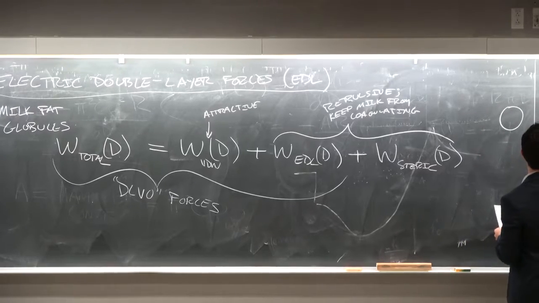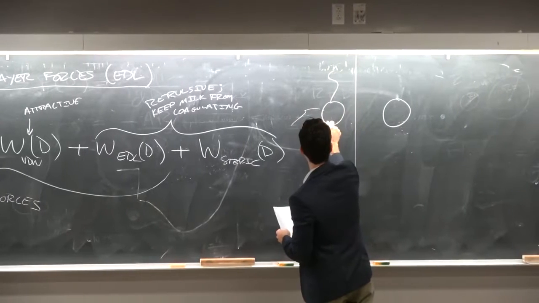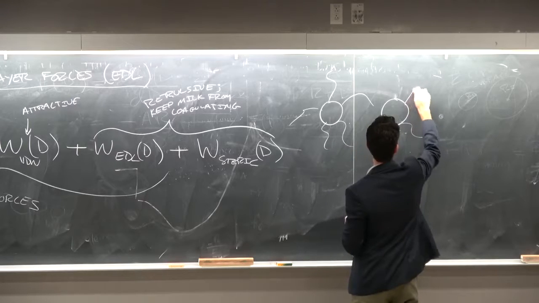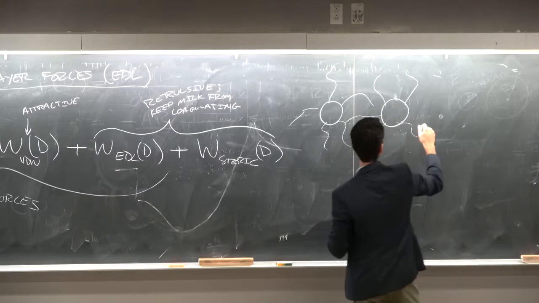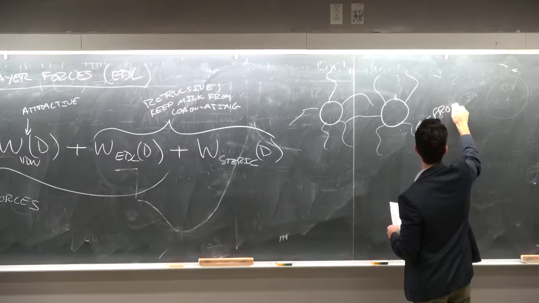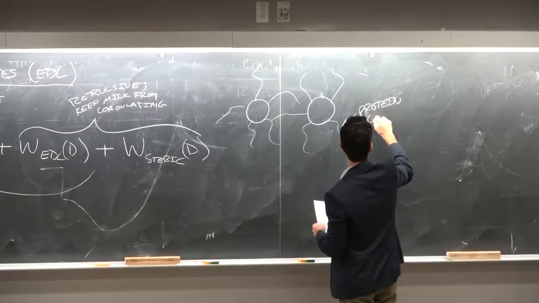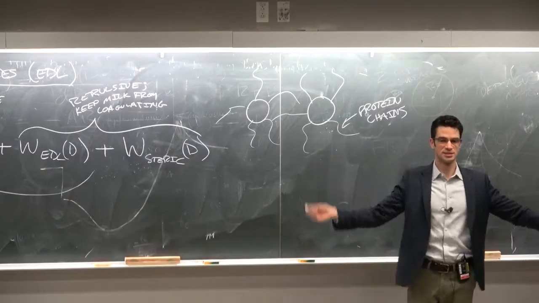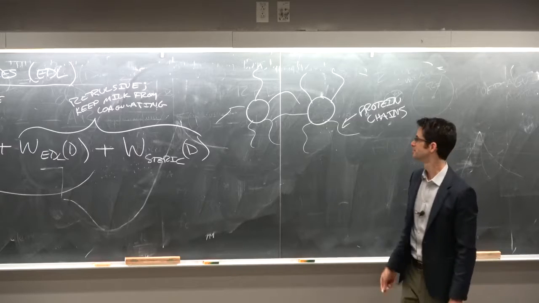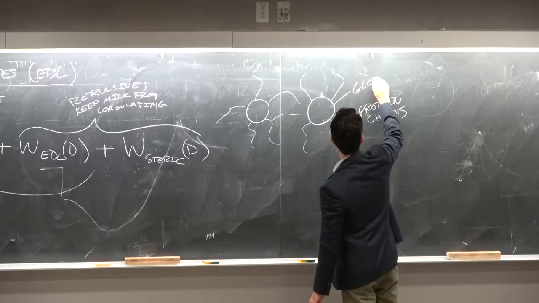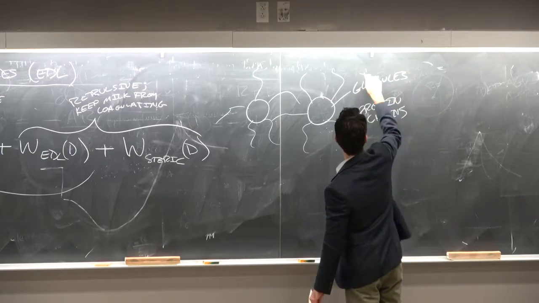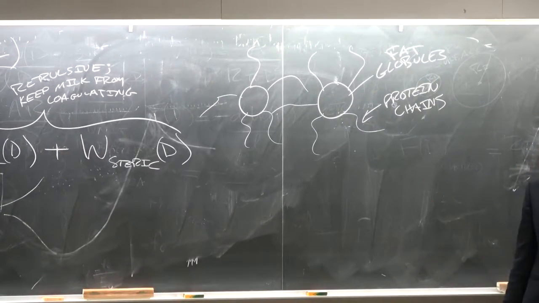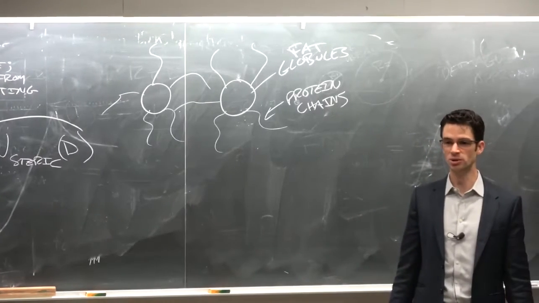Imagine 2 milk fat globules that have these protein chains that are free to flop around in solution. These are fat globules, and they have protein chains that flop around. Does anyone know what a koosh ball is?